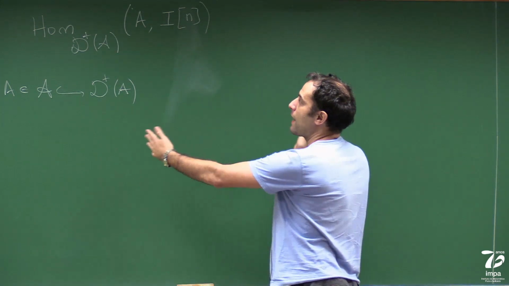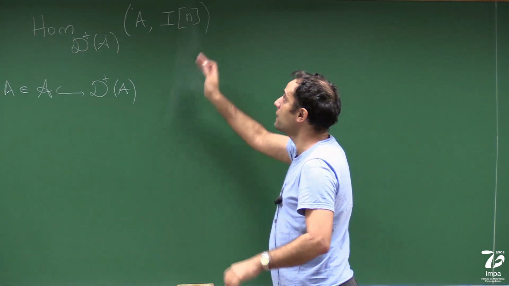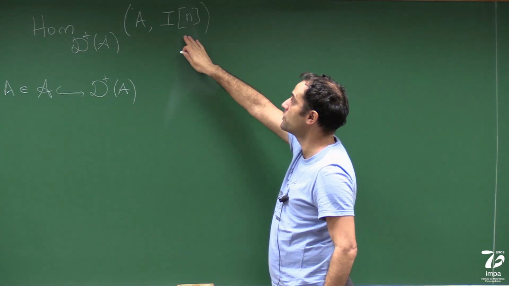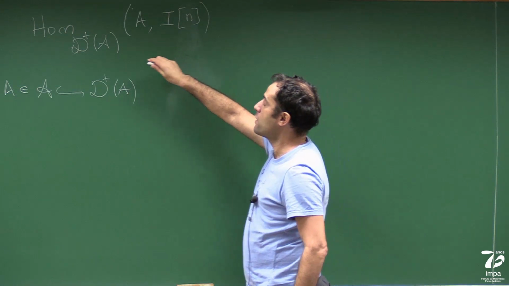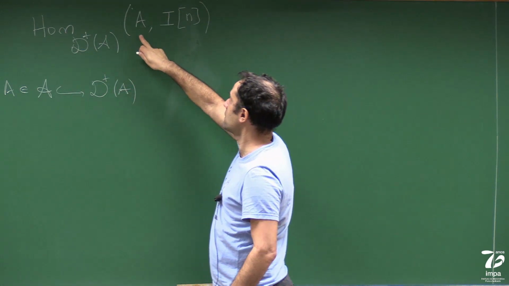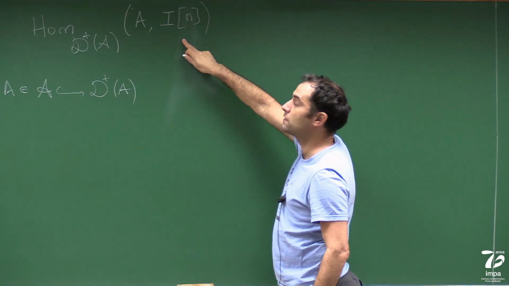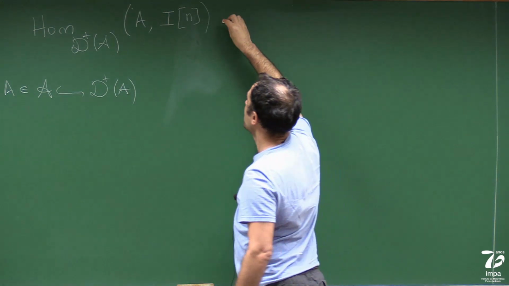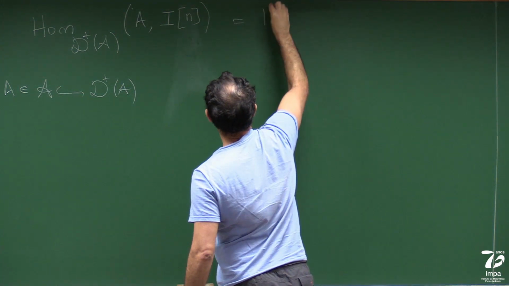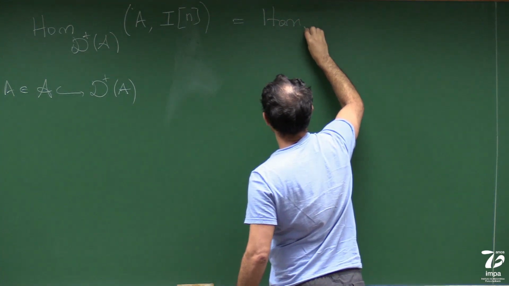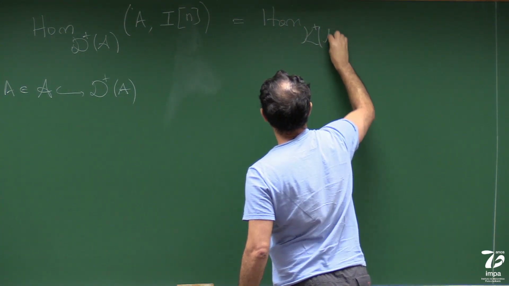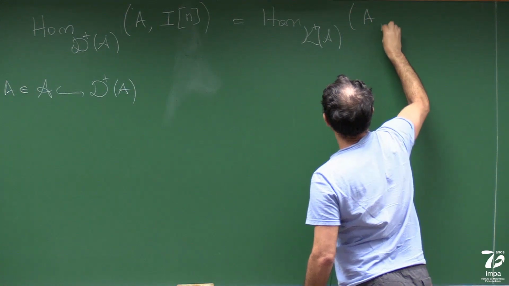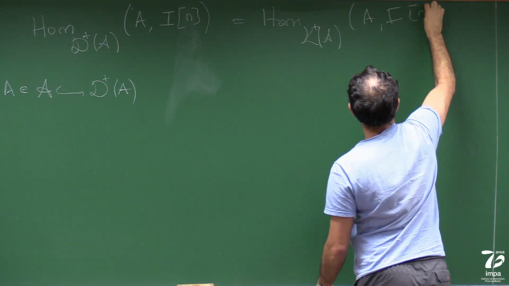I just grab the complex I and shift everything. It's still a complex built out of injectives. And I know that HOMs in the derived category, where the target is a complex built out of injectives, is the same thing as HOMs of actual complexes in the homotopy category between A and that complex I shifted by n.